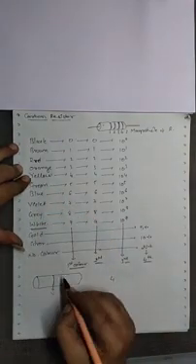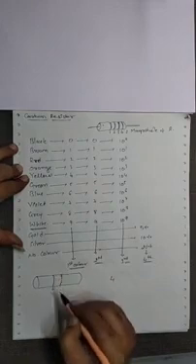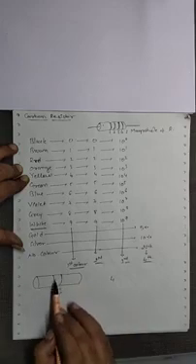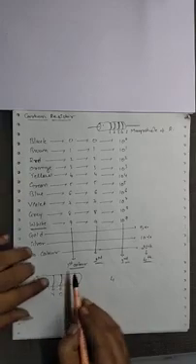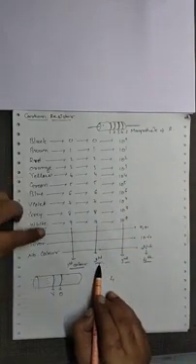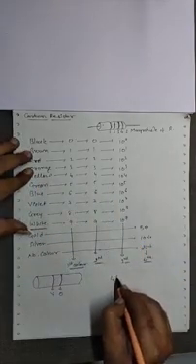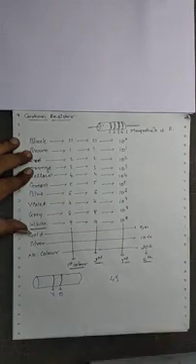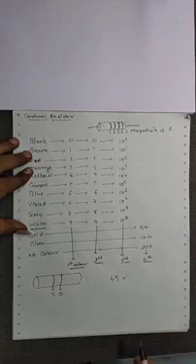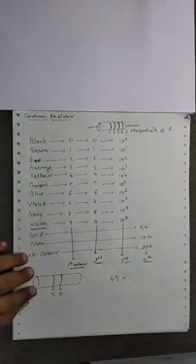Take the second line. If it is given orange, then this is the second color. So you have to go to the second line. Where is orange? Find out here. So 4 3, 43. Multiply by, now there will be a third color.